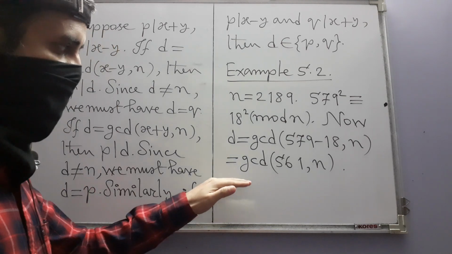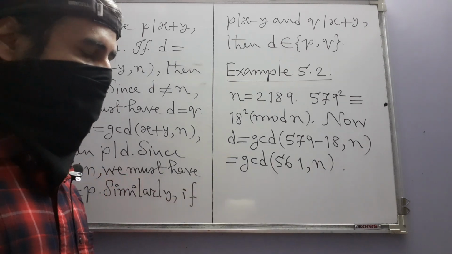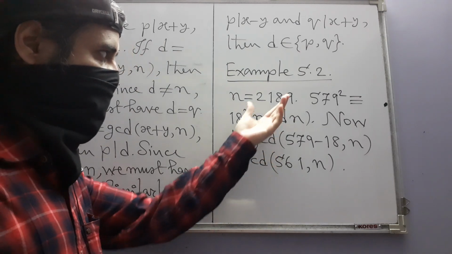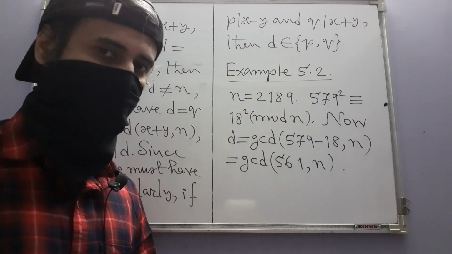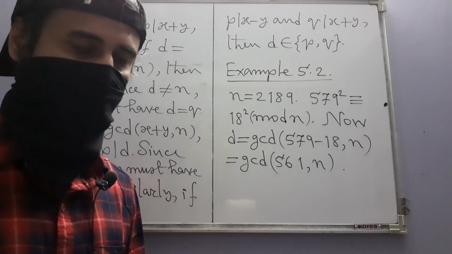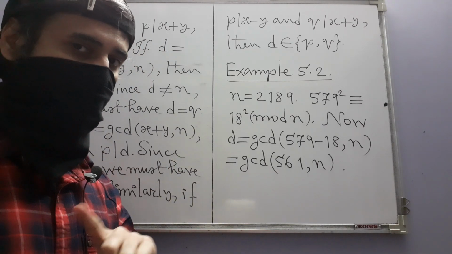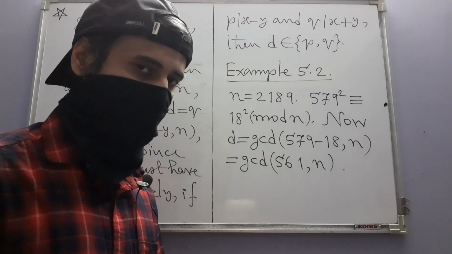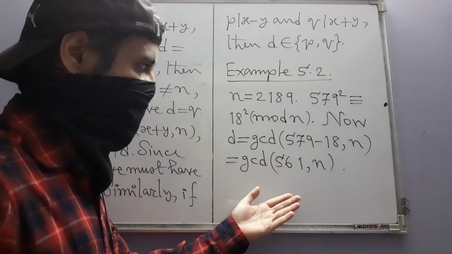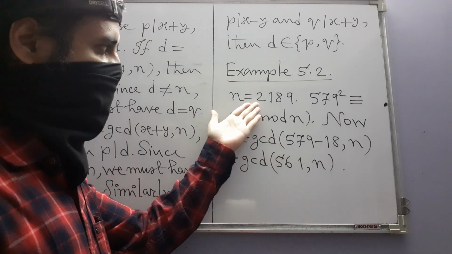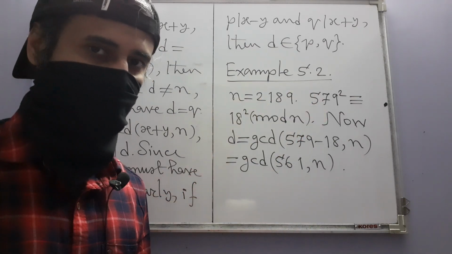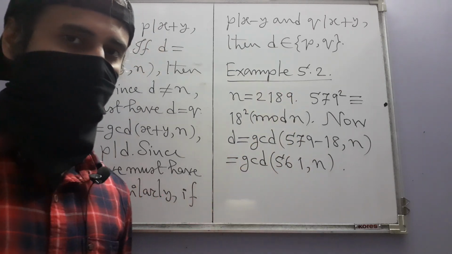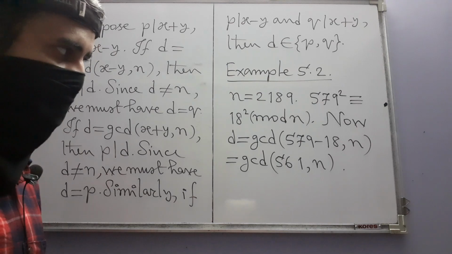But then the equation that you are going to get will look like this. 561 is equal to 0 times this plus 561. So 561 itself is the remainder. And then what will you do in the next step? You will divide the divisor by the remainder. So that means in the very next step, you actually again come back to dividing 2189 by 561. That is why it's better to start by dividing the larger one by the smaller one when applying Euclidean algorithm.